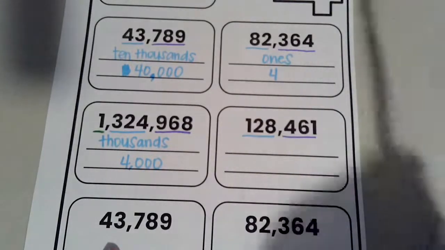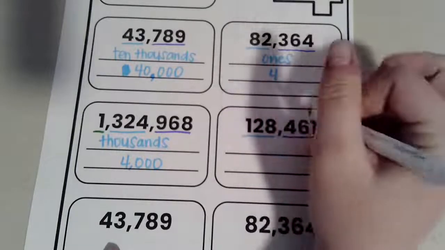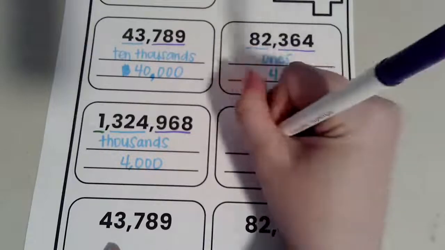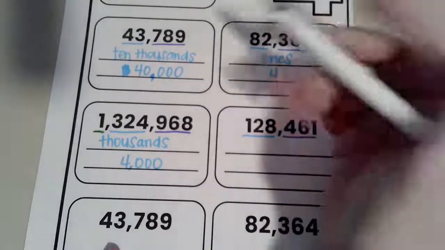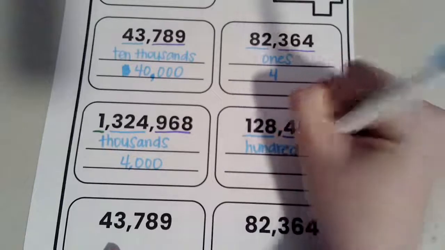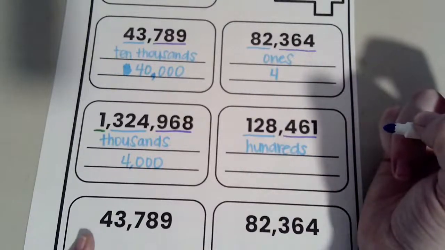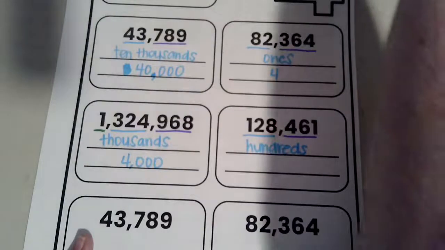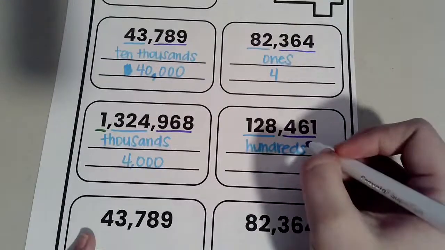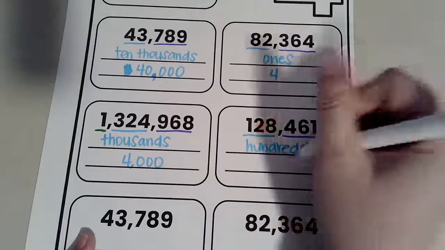So it is in the hundreds place. That's what place this is in. What is its value? Ooh, we're getting a little blurry. Let me focus for you. There we go. What is its value? Its value is 400. Okay? All right.